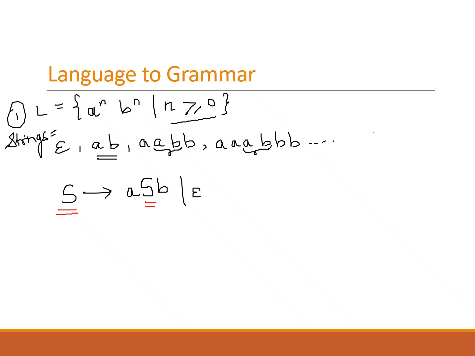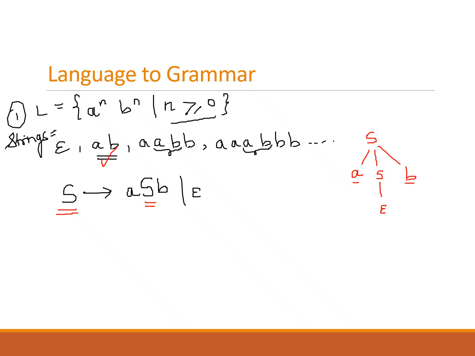the moment we do the further expansion. So let us have a quick look here. So if I expand S using this rule, and then this A and B are here, and this can be expanded using epsilon, giving me the string AB.